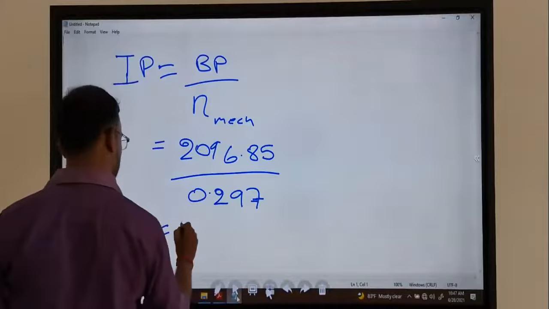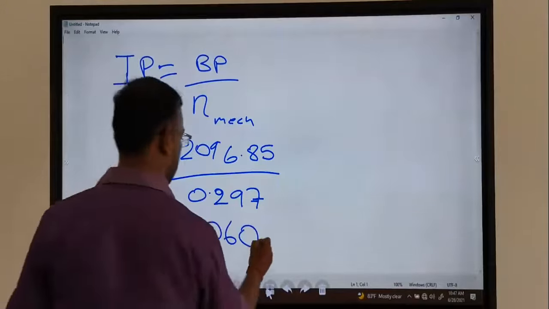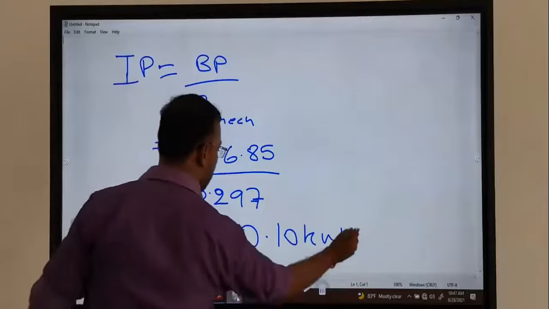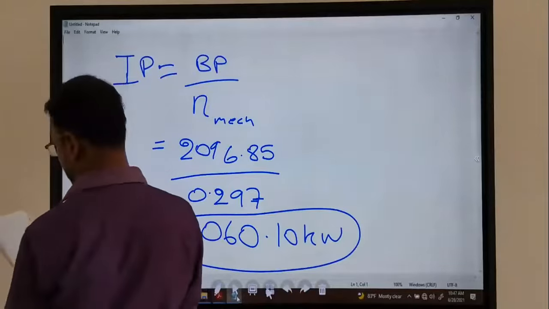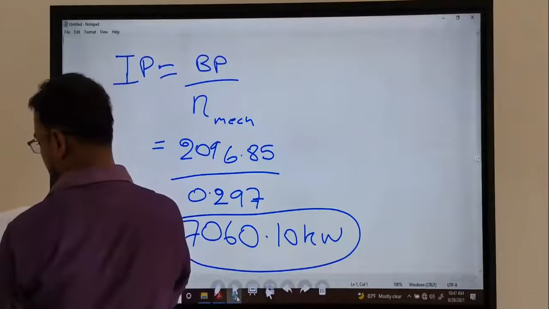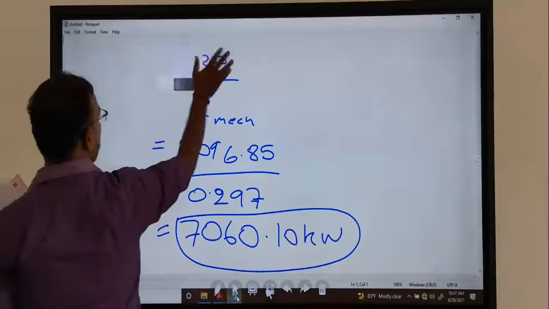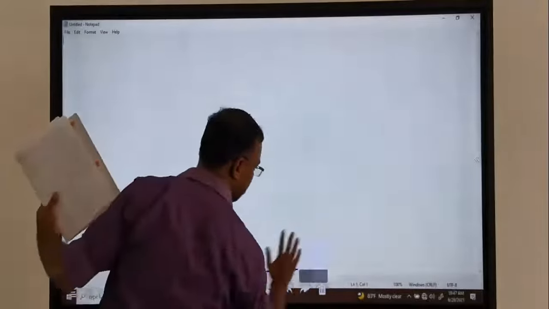So the answer is kilowatt. So this is the indicated power. Now we know the indicated power, so we substitute this answer into the indicated power equation. Then we find the indicated mean effective pressure.